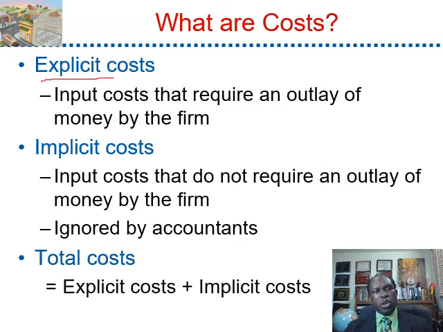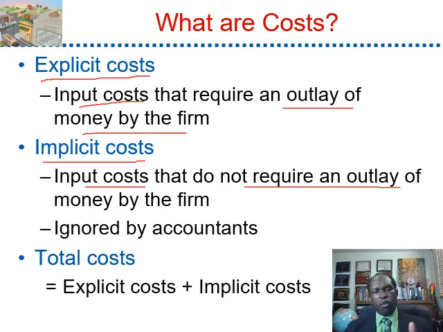So explicit costs are input costs that require an outlay of money by the business firm. These costs will require direct payment. Examples of explicit costs are wages paid to the workers or transportation costs, for instance. On the other hand, implicit costs are input costs that do not require an outlay of money.